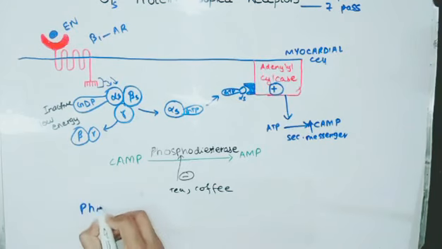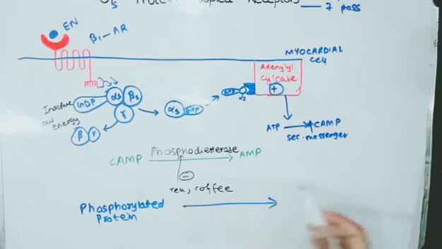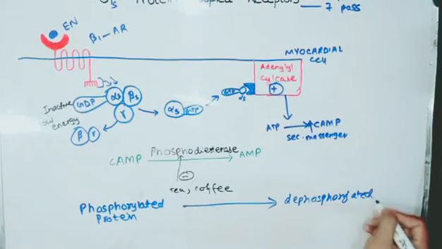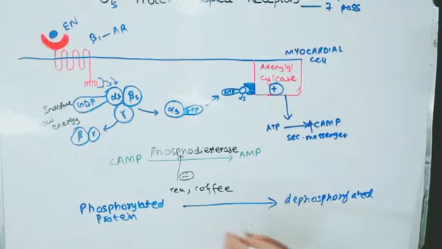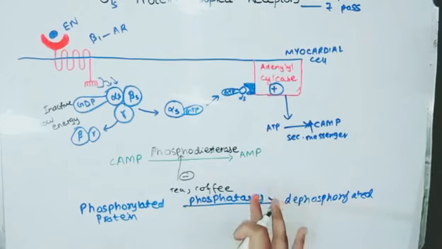So here we have a phosphorylated protein, and it is basically dephosphorylated now, whether it be a protein or calcium channel or an enzyme. So it is dephosphorylated by the phosphatase enzyme. So that is also a sort of mechanism that helps to maintain the balance when there are increased levels of cAMP.